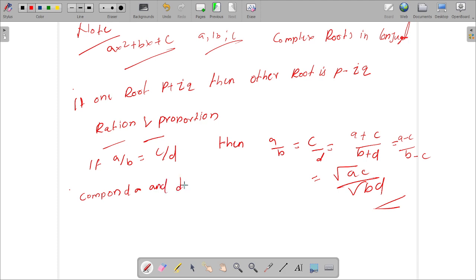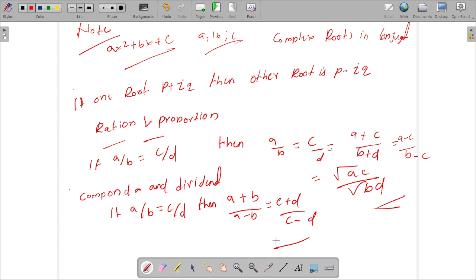So if a by b equals c by d, if you apply componendo and dividendo, we write the summation and difference. Then a plus b by a minus b equals c plus d by c minus d. Okay, no?